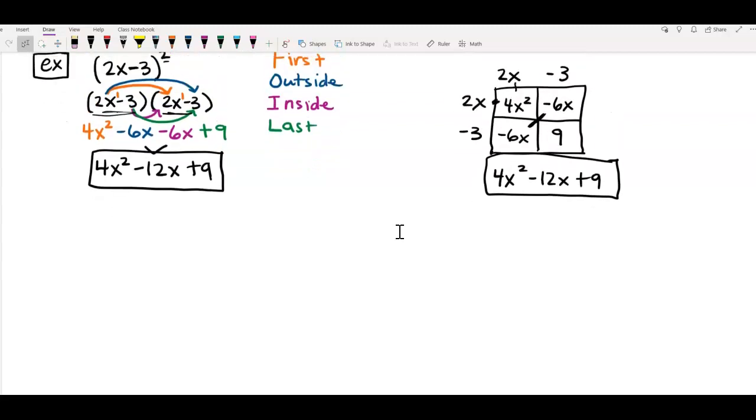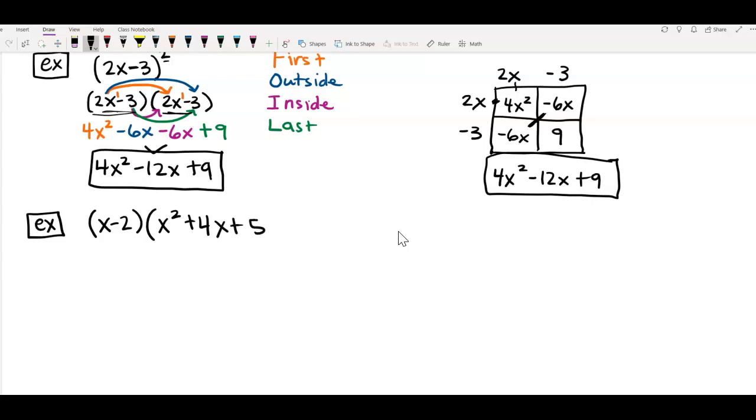All right, let's do another one. And this one I want you to try and do on your own and see what you can do with this. This time, we're not going to have two binomials multiplied together. We're going to have a binomial multiplied by a trinomial. All right, but you're still going to be using similar ideas. We can't call it FOIL because there's more than just 4 terms here.